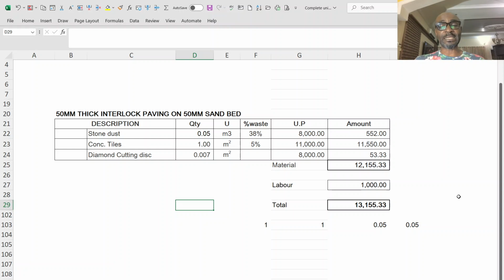And like I said, we are going to be laying our interlock on a 50 mm thick sand bed. And how did I compute the volume of my 50 mm thick in a square meter? I did 1 meter by 1 meter by 0.05, which is 50 mm thick, to arrive at my volume of 0.05, which is the volume you're seeing here and the quantity of stone dust that I needed for each square meter.